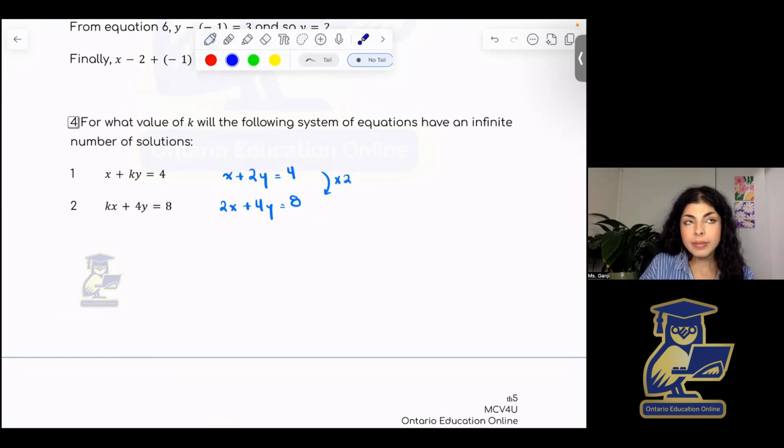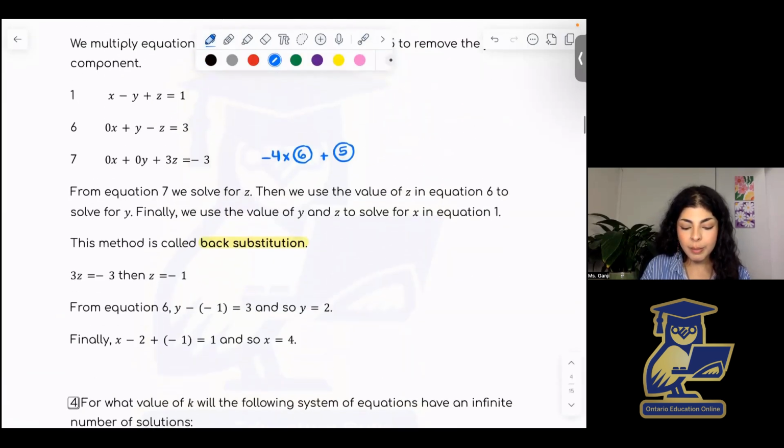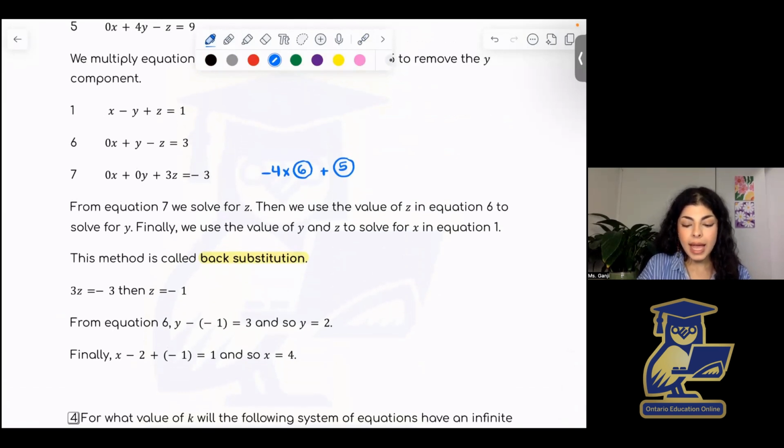That's why we end up with an infinite number of solutions. However, going back to the previous example, we had 3 equations and 3 variables, and so we were able to find one exact solution. As a requirement, when you have n variables, you need at least n equations to be able to find one exact solution.